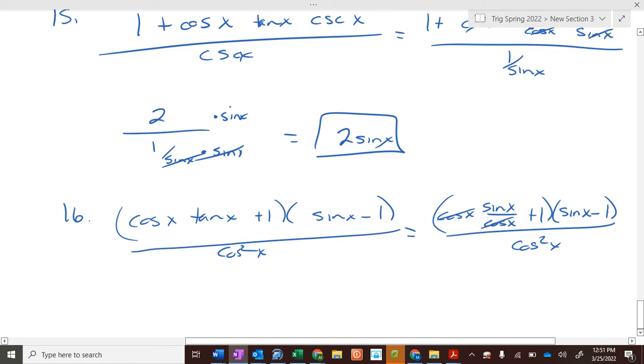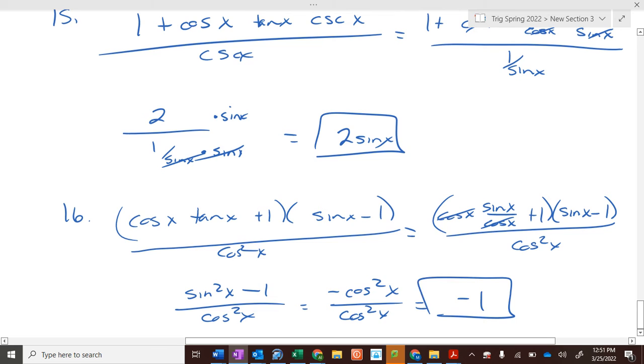So I have sine of x plus 1 times sine of x minus 1, which is sine squared of x. Outers and inners cancel. Minus 1 over cosine squared of x. What's sine squared of x minus 1 the same as? Nope. It is not cosine squared. Negative cosine squared of x. Which equals, in the end, negative 1. There we are. Okay? That's the basics of yesterday.